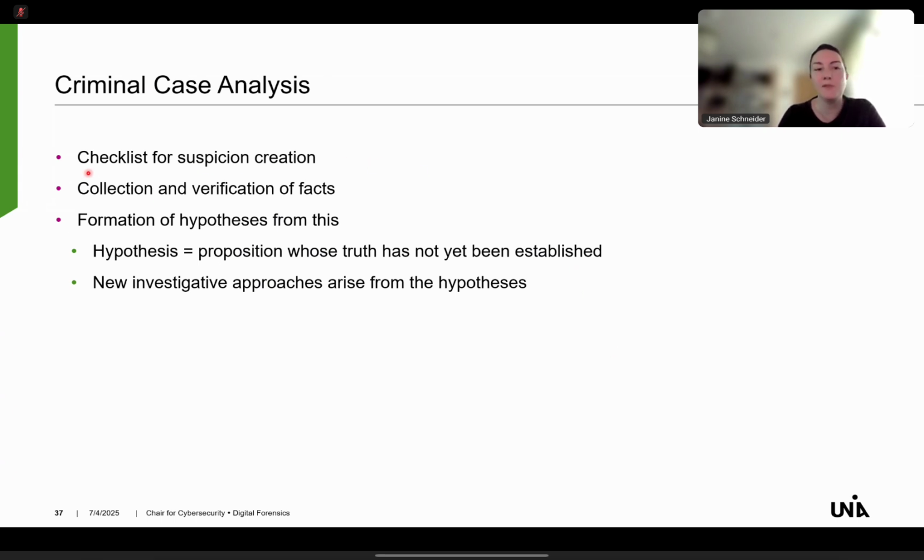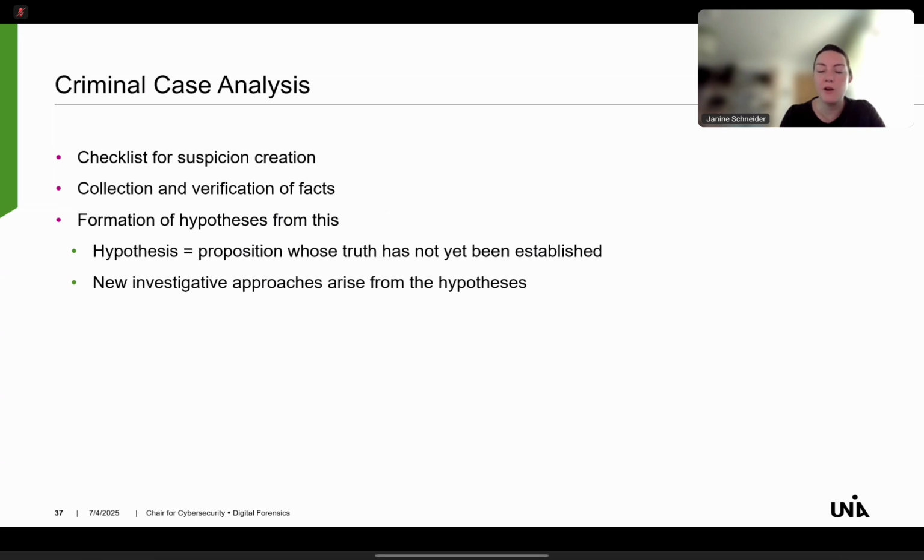For example, there are checklists for suspicion creation. There are documents about the collection and verification of facts, and also about the formation of hypotheses from that. A hypothesis is a proposition whose truth has not yet been established. We already talked about that, and new investigative approaches arise from these hypotheses.